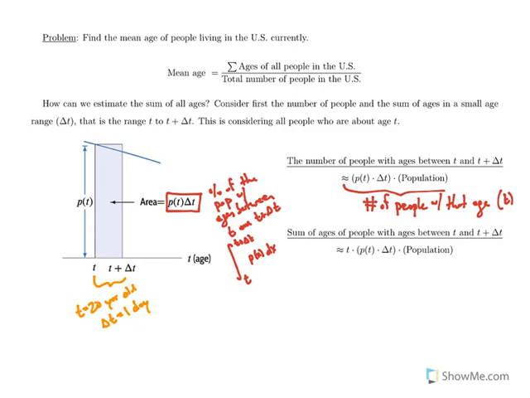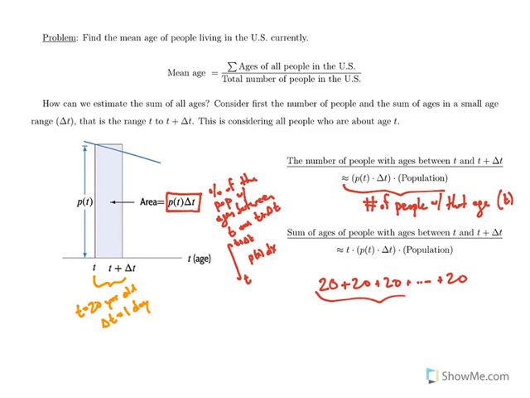Then the more important question is, how do I deal with the sum of ages of people in that age range? By the age range, we're really just thinking of people with almost the exact same age, all 20 years old. So if I know the number of people with that age and I add up all their ages, I'm just going to be adding up the same age over and over again.